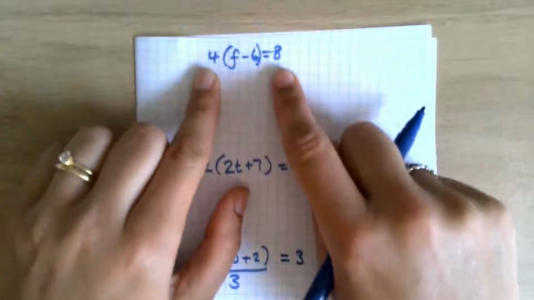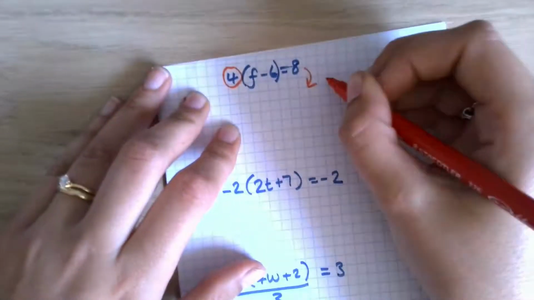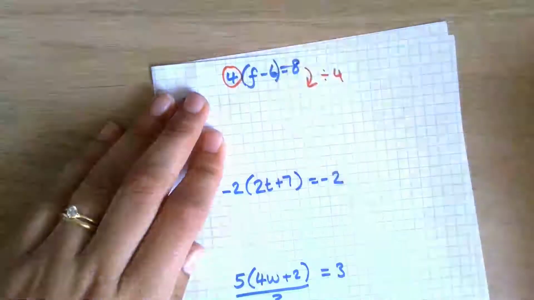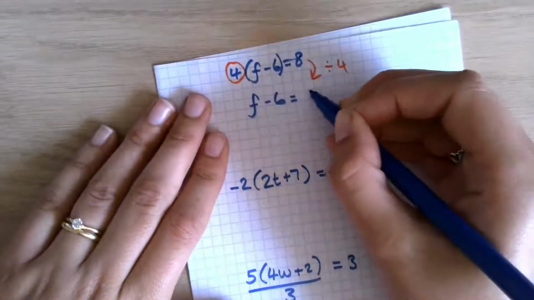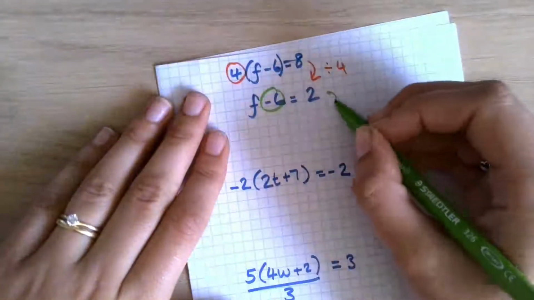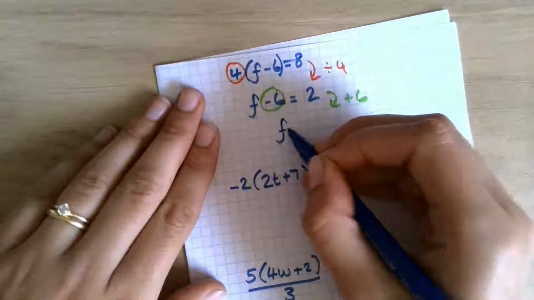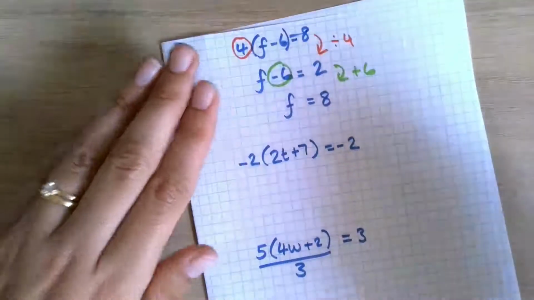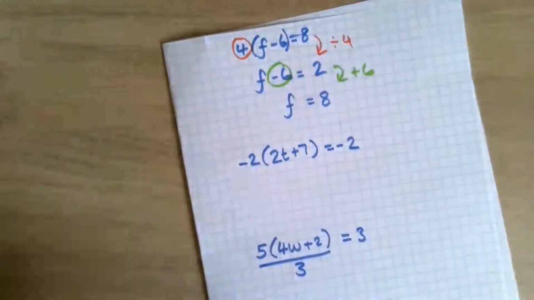Can we just divide this one straight away? Yes, we can. F take away 6 equals 2. Let's get rid of that constant by doing the inverse. F is 8. -2.